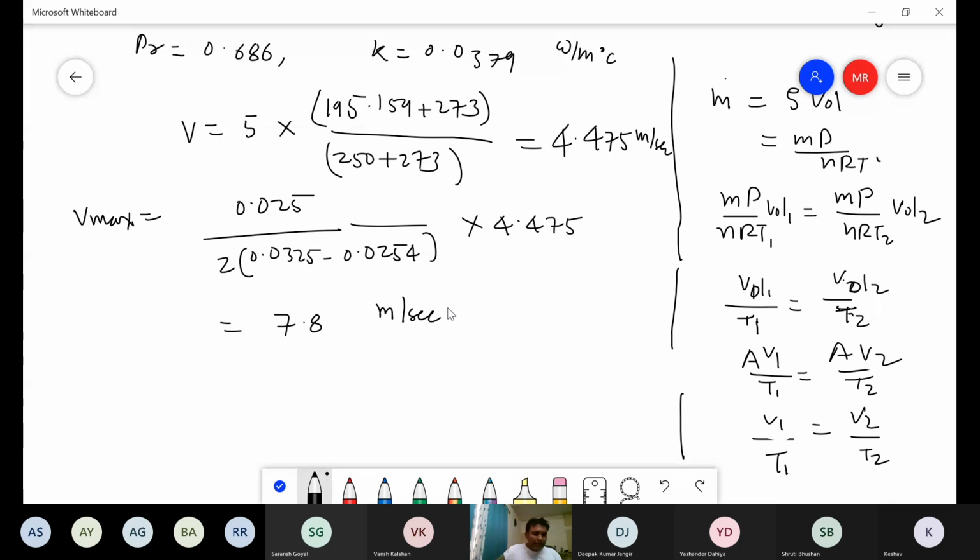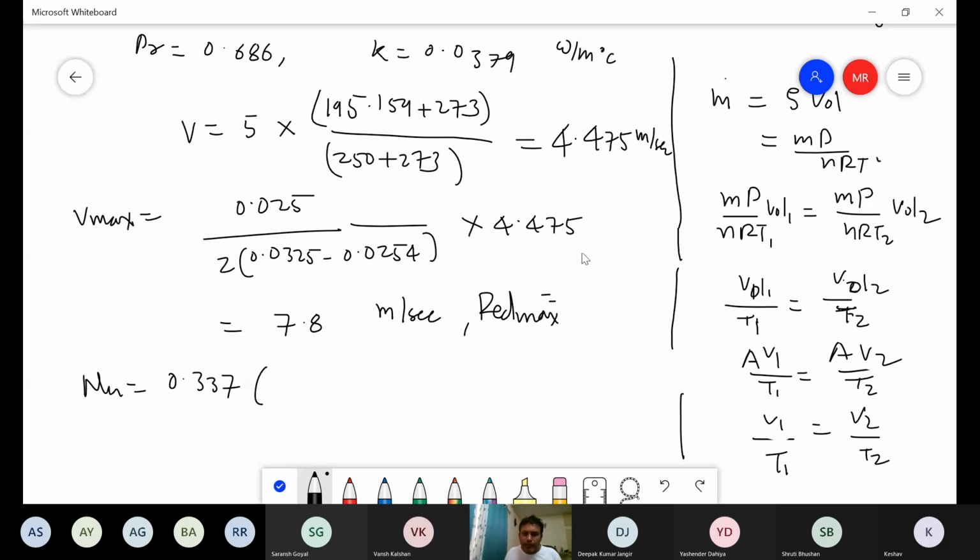Then we can find out the Nusselt number. The Nusselt number in this case will be given as 0.337 into Reynolds number. Let me calculate the Re d max.